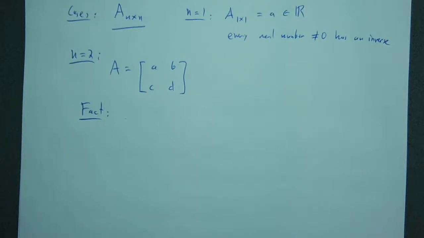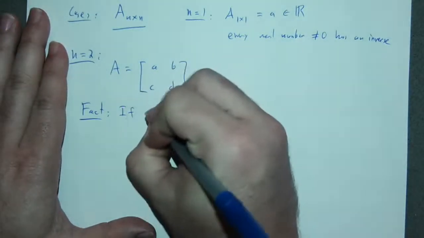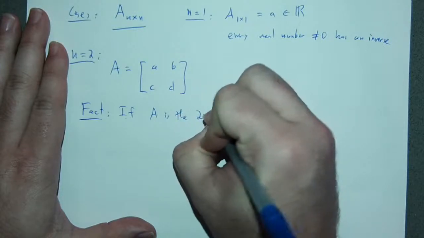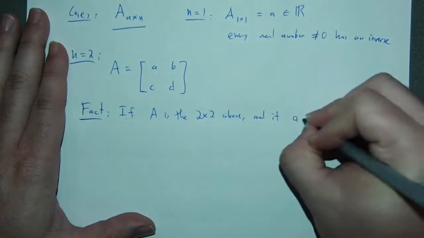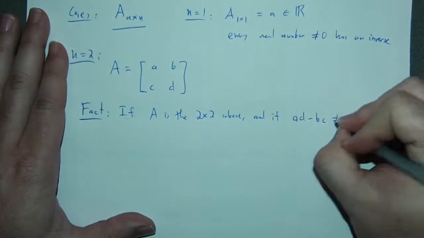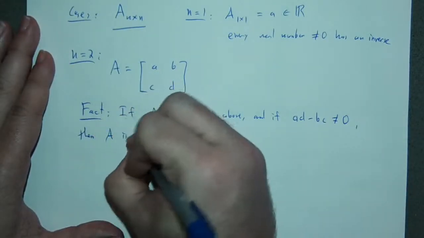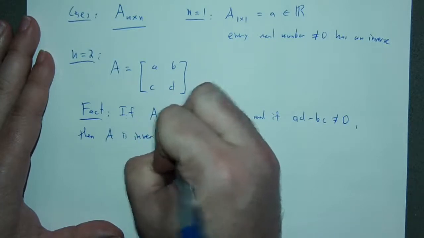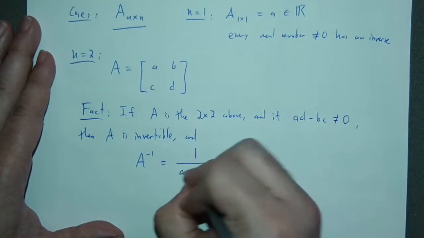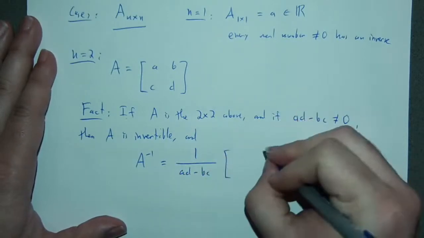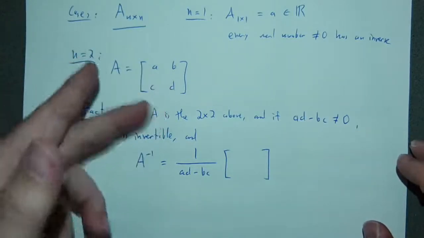Okay, so a fact here for a 2 by 2. If A is the 2 by 2 above, and if AD minus BC is not 0, then A is invertible. And A inverse is 1 divided by AD minus BC times, do you remember how to do this? A and D swap.